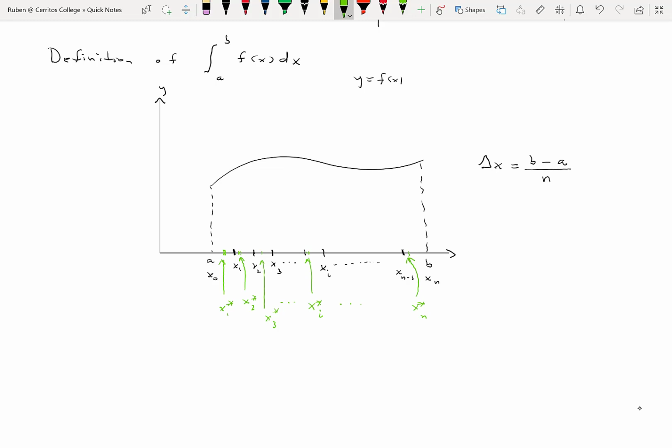Now this is where in Calc 1 we started to use the interpretation of the definite integral as area. The definite integral in general has nothing to do with area. It's a very abstract quantity that's some sort of, and you'll see this happening very soon, some sort of limit.